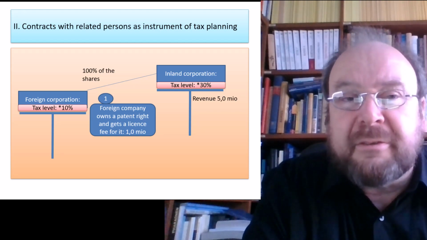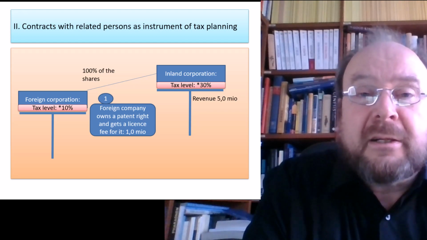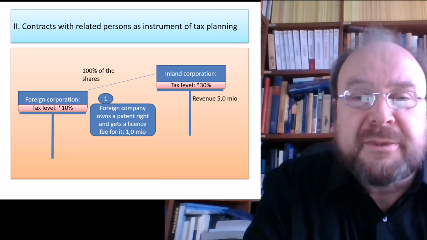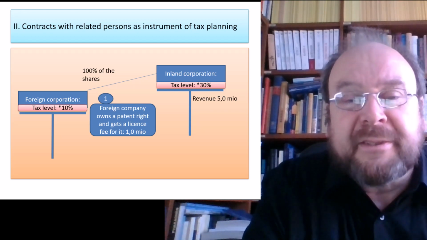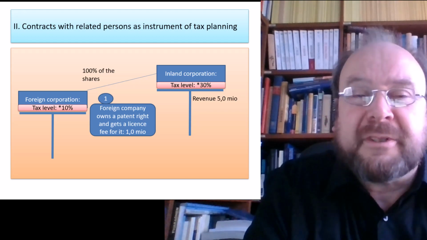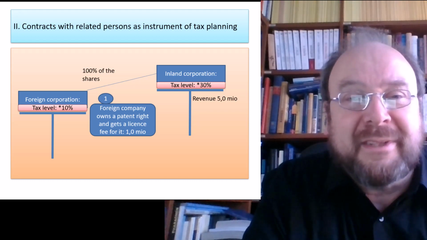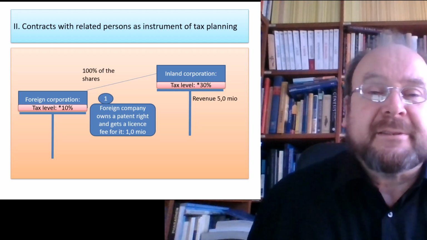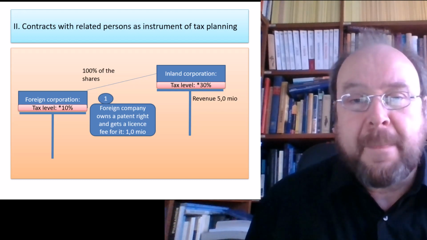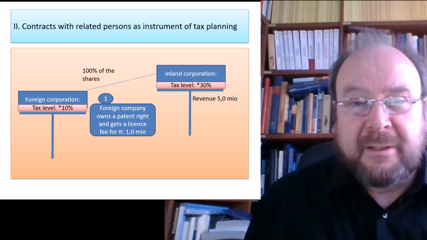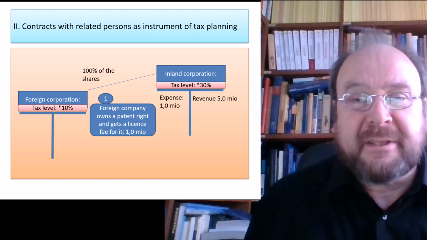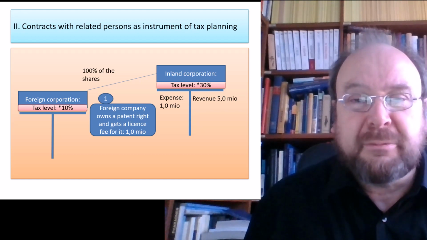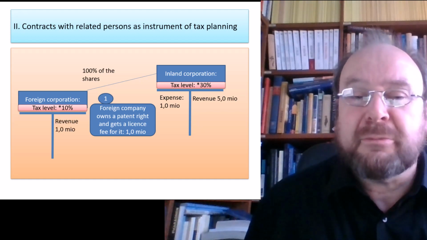For example, imagine the foreign company is the owner of a patent right which you need to use for your production activities. So now you need to ask the foreign company for its permission to use the invention in which they hold the rights. And so you have now good reason to pay them a license fee. Let's say the adequate license fee is 1 million. So you have now an expense of 1 million and they get a revenue of 1 million.